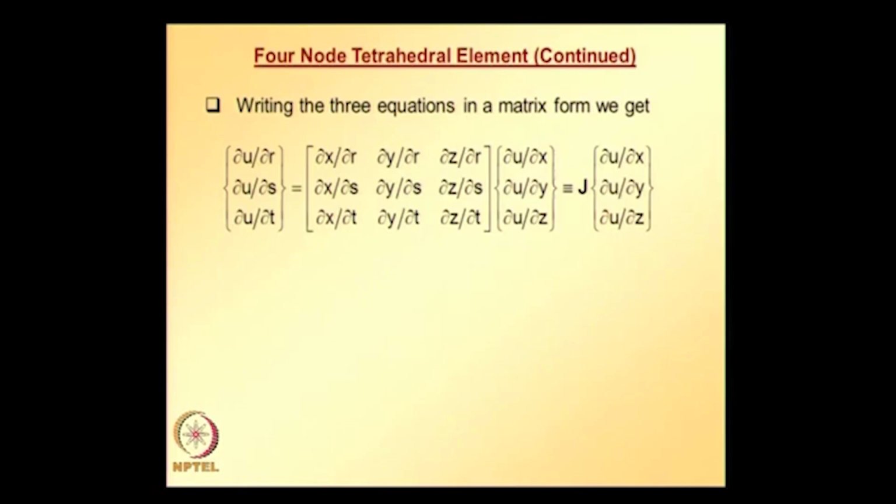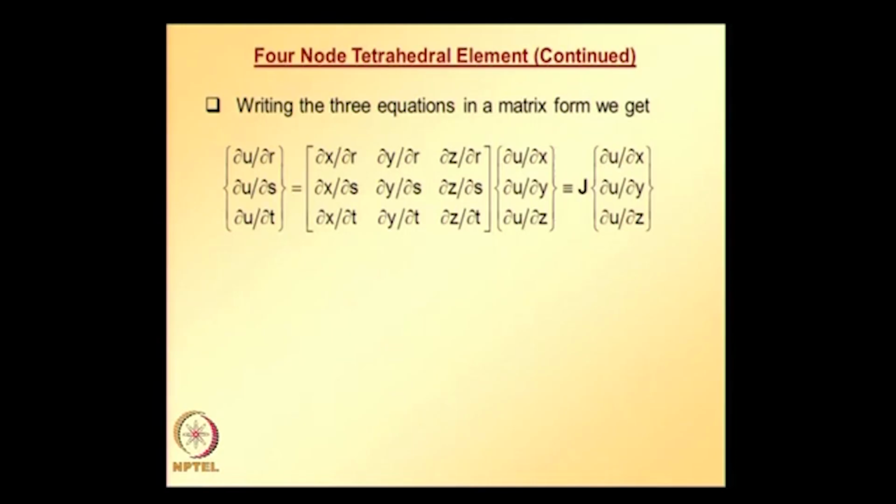This matrix consisting of partial derivatives of x, y, z with respect to RST is denoted with letter J, which is called the Jacobian matrix. So, this equation basically helps us to calculate partial derivatives of the displacement component along x direction with respect to RST once we know its derivatives with respect to x, y, z.